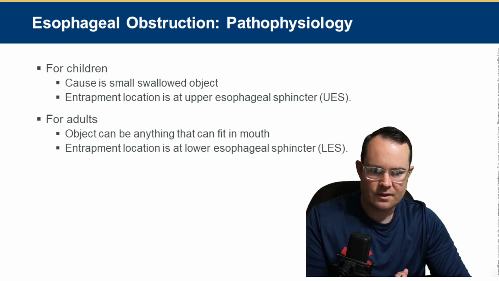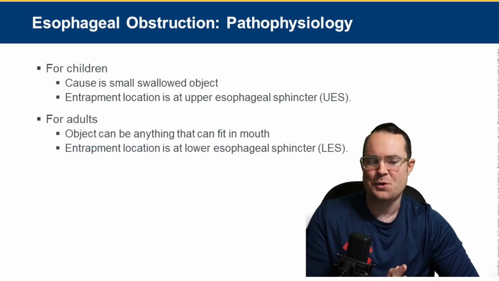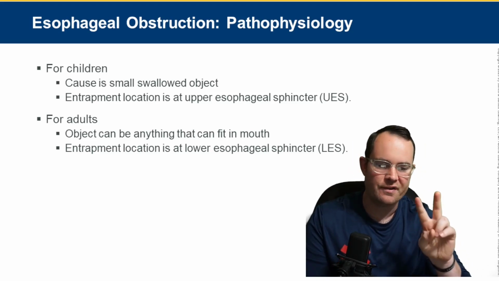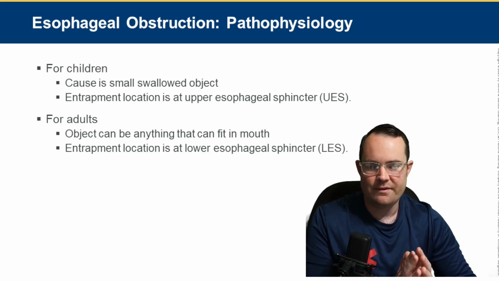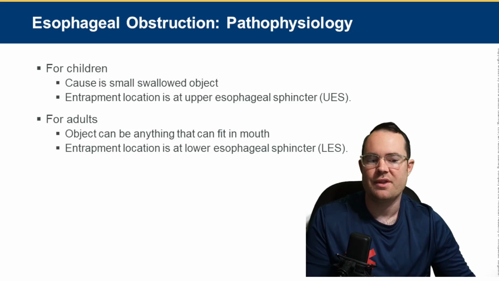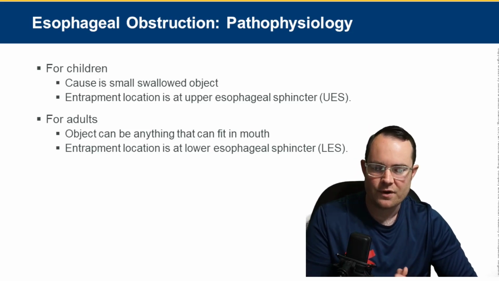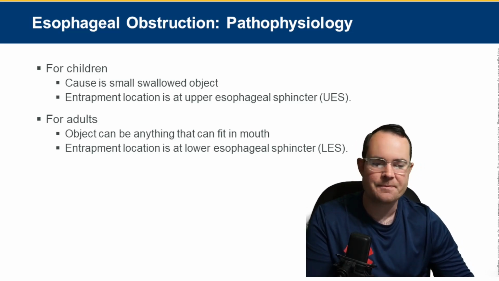Now, take a look at this entrapment thing, because this is an easy test question. When they talk about esophageal sphincters, there are two different sphincters where there could be an obstruction. For children, it's the entrapment location of the upper esophageal sphincter, the UES. For adults, it's the entrapment of the lower esophageal sphincter.